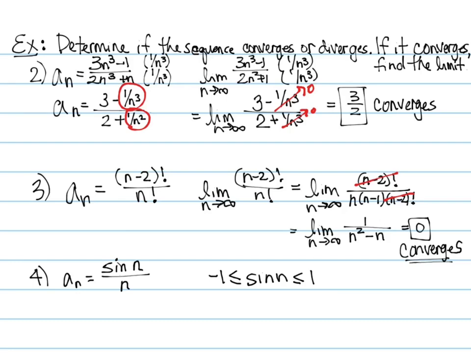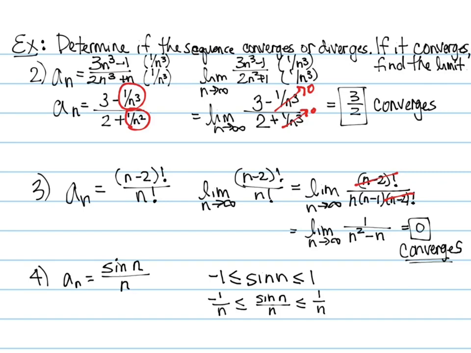Yeah, all good. Now, our n is a natural number. It's positive, right? We're not looking at negatives. So it's actually also true then that I could divide everything by n, and it would not change the direction of our inequalities. They would still be less than or equal to inequalities. Agreed?